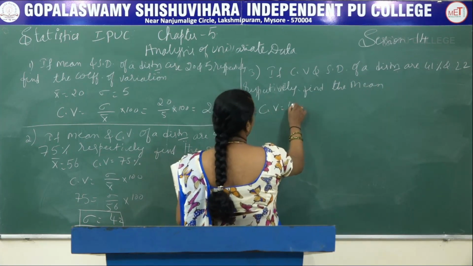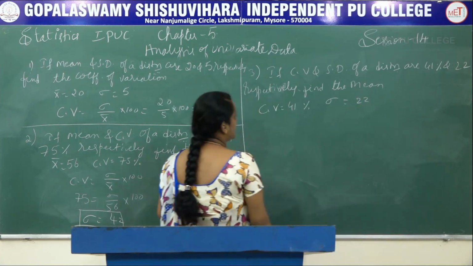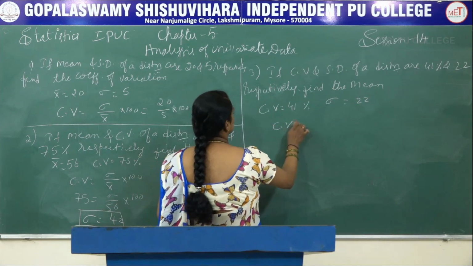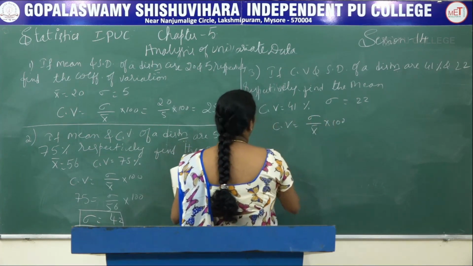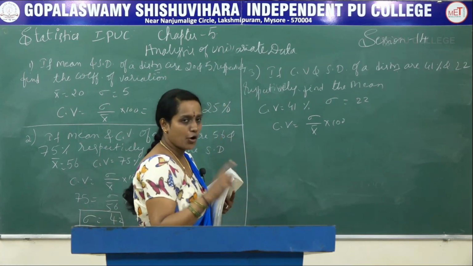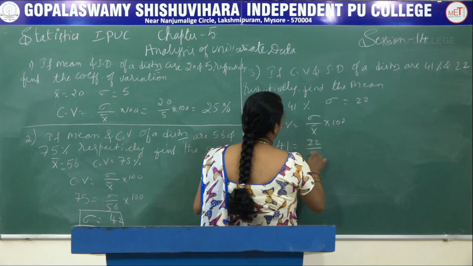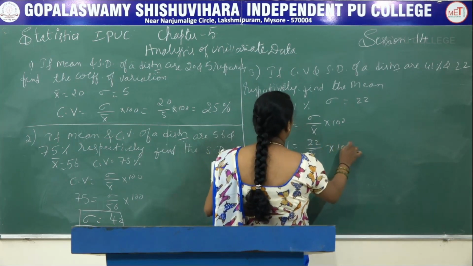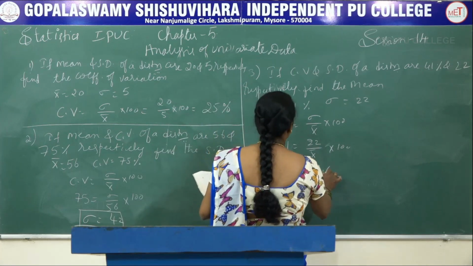CV is equal to 41%, sigma is equal to 22. We have to find the mean value. So CV is equal to sigma by x bar into 100. While solving the problem, each and every time you have to write the formula so that you can remember it. 41 is equal to 22 divided by x bar into 100. So x bar is equal to 53.66.